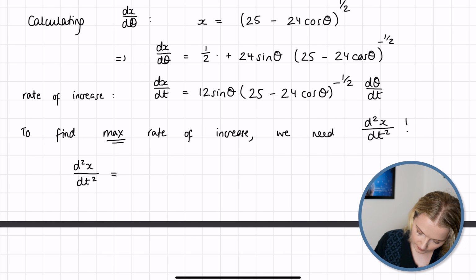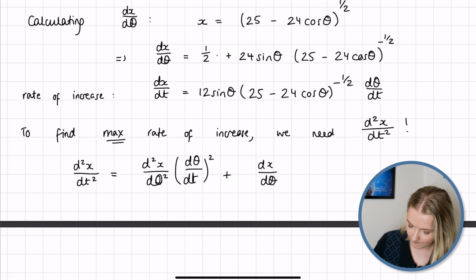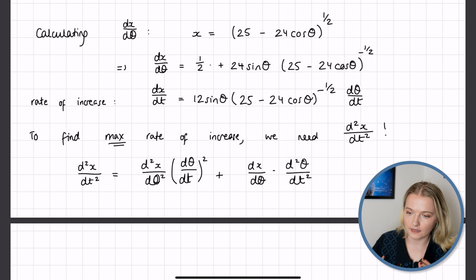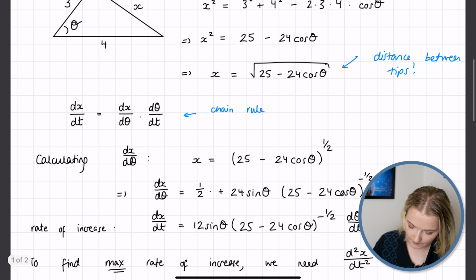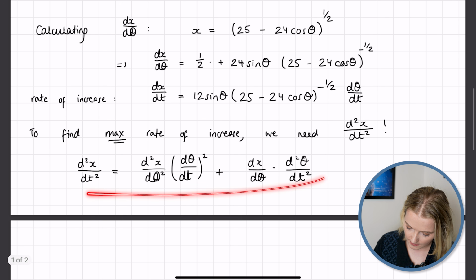Well, this would be the second differential of x with respect to theta, all multiplied by d theta by dt all squared, plus dx by d theta multiplied by the double differential of theta with respect to t. Now this is just taking the chain rule here, differentiating again, and then using the product rule, and this is what we get.